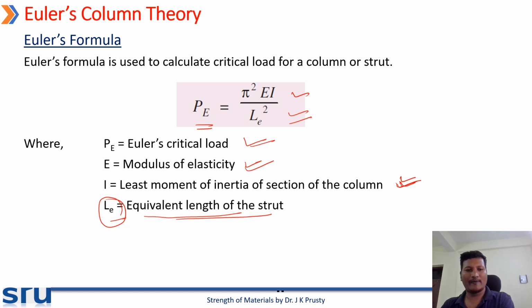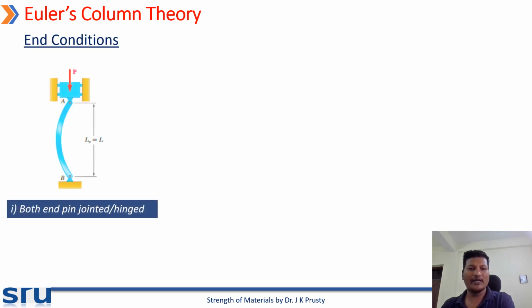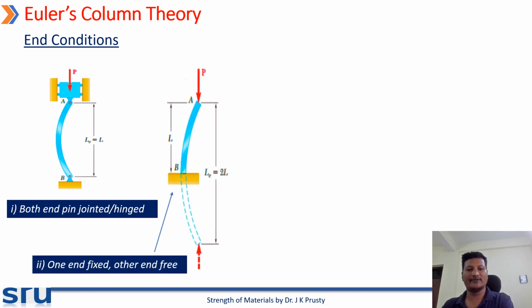Now what is this equivalent length of the strut? That we need to understand. Based on the end conditions, we need to find out the equivalent length. As I told, there are 4 end conditions we are considering from the analysis point of view. One is both ends pin jointed or hinged, so here the ends A and B are pin jointed.